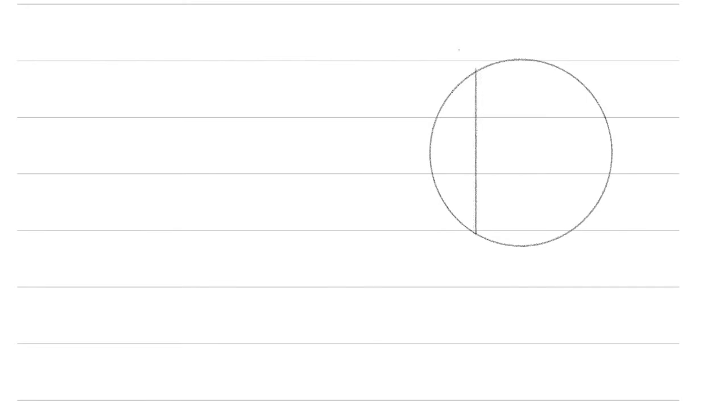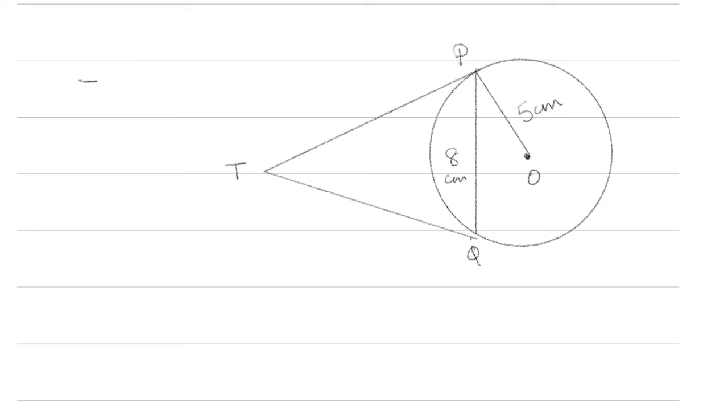PQ is the chord of 8 cm, and the radius of the circle is 5 cm, and the tangents at P and Q intersect at point T, TP we have to find out.